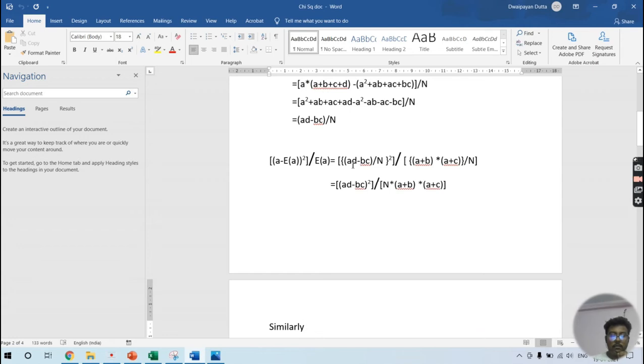The square of the observed value minus expected value is this AD minus BC divided by n, which I have put here raised to the power 2, and the value of E of A. What is the value of expected E of A? This one. It has also already been discussed in this session only. So after that, what we get is this answer: (AD minus BC) whole square divided by n into (a plus b) into (a plus c).